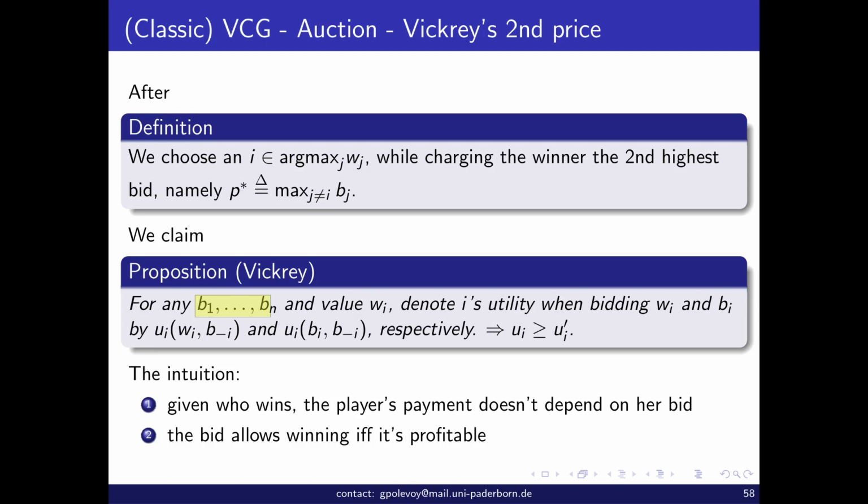I meant weakly dominant. So for any bid, the book just writes for any values, and you can see that it means that whether it's true values or not. But I just wanted to make it better, to emphasize that it's for any bid. And now I forgot to define what u prime means, but it's fine. I'll now do that.